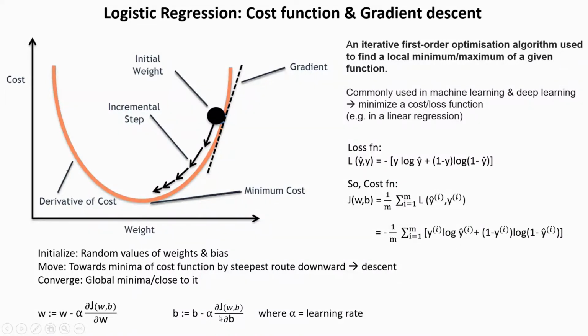On the contrary, if your point is somewhere here, then if you compute the derivative, the derivative is a positive value. With the negation sign over here, you basically subtract the value. So you basically move downwards, backwards, right? So in either of the scenarios, with the help of this equation, you will be able to come to the minimum value.